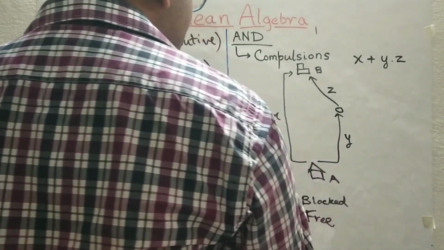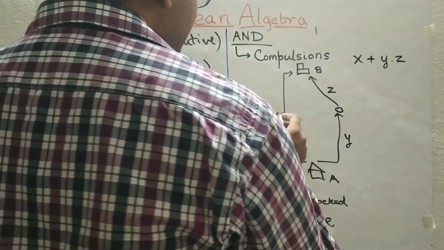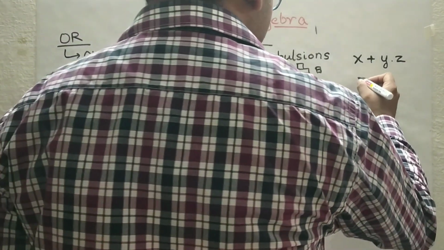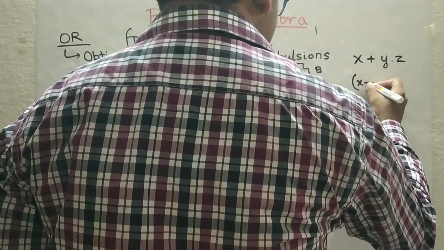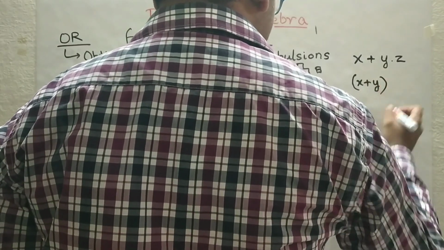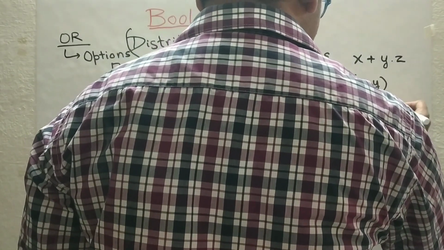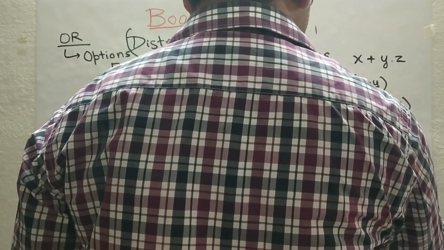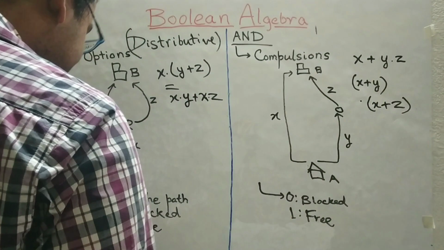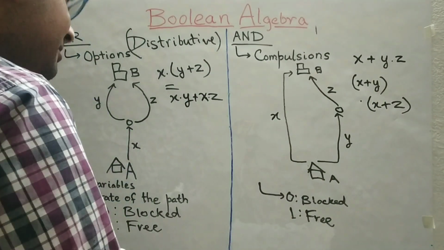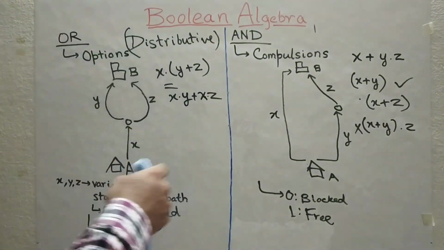That you can go X or Y, but also X or Z. Means both are compulsory. This is a bit counterintuitive to understand. There can be another way to understand this.